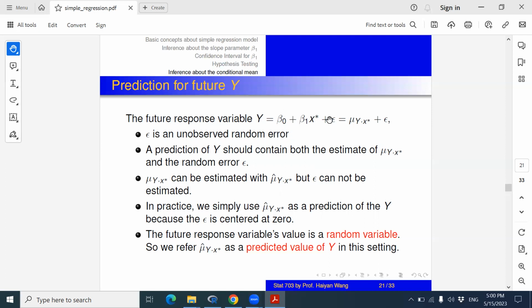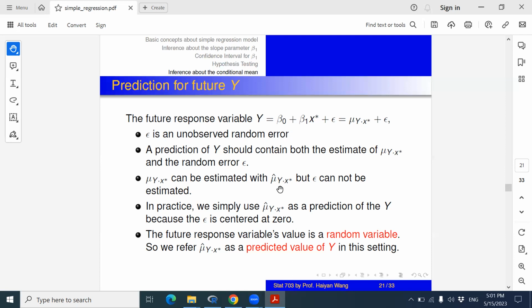So y really contains the mean part, mu of y given x star, plus the error part. When we try to do the prediction, we couldn't really get the error. Therefore, when we predict, we simply use the estimate of mu to predict y. So even though you want to predict y, you're using the mu hat again.